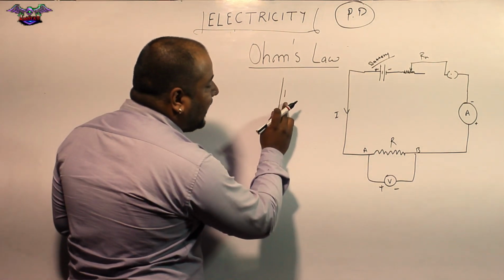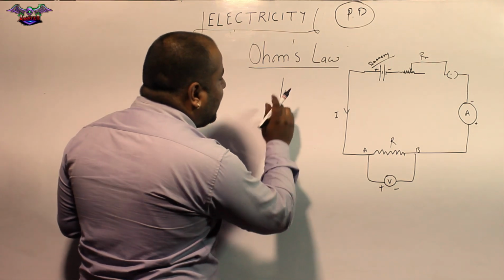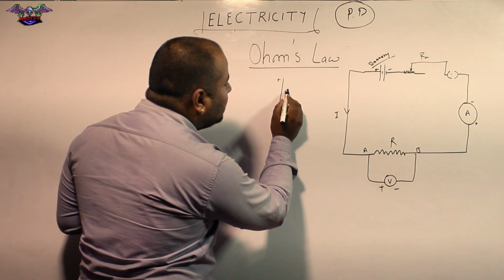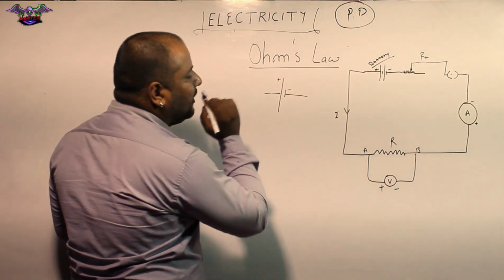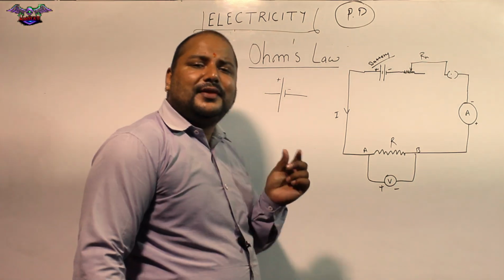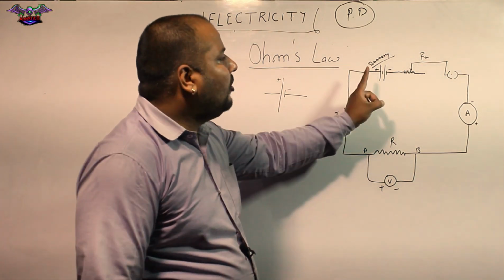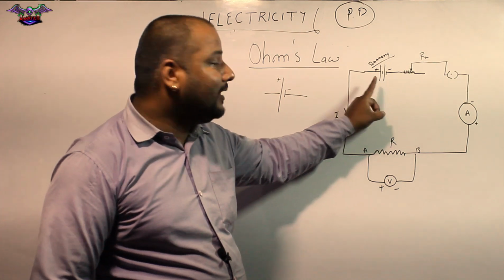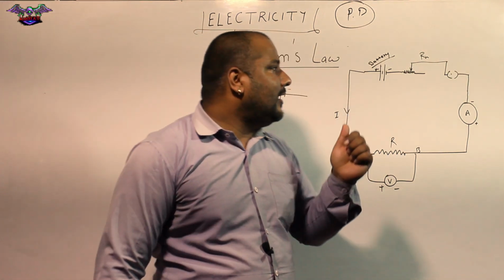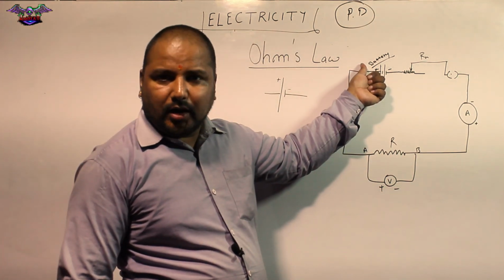The larger line is the positive terminal and the smaller line is the negative terminal of the cell. If I continuously join cells, or more than one cell is bound together, then it is called a battery.